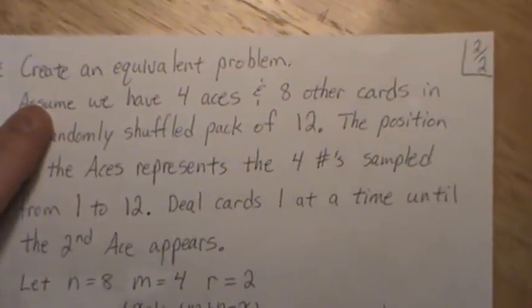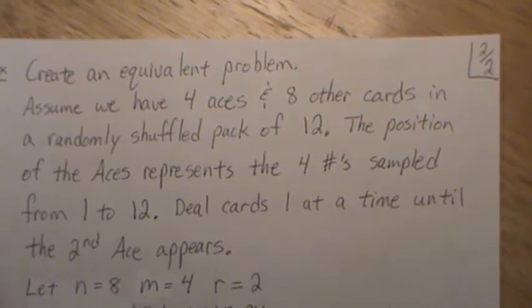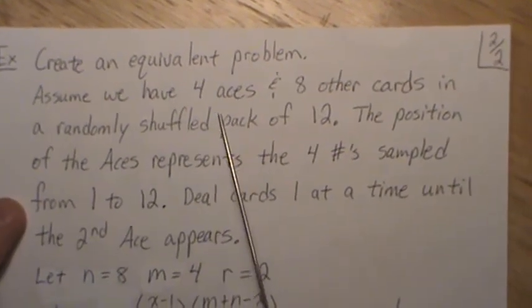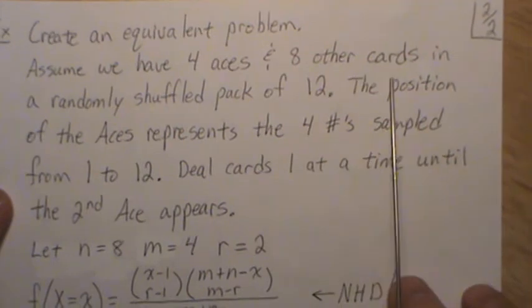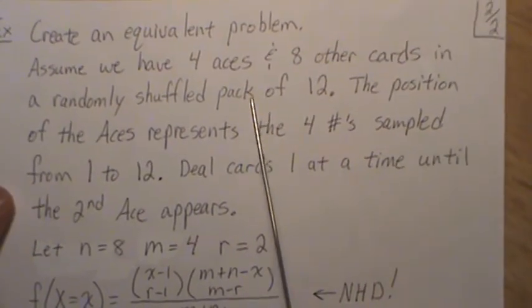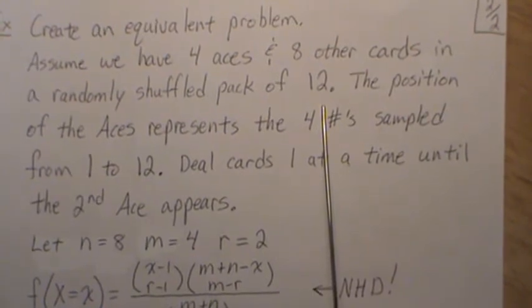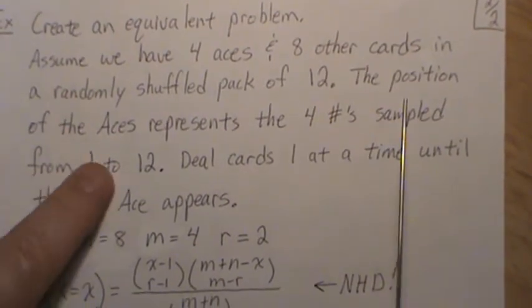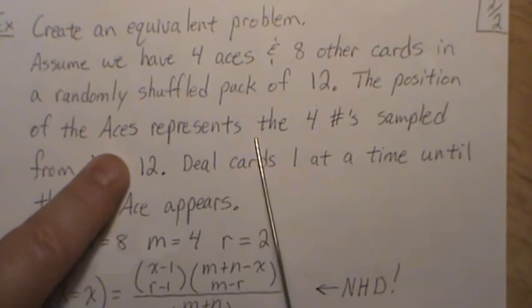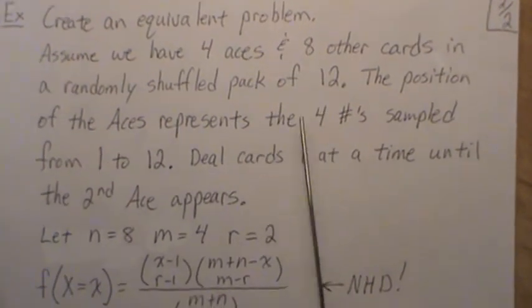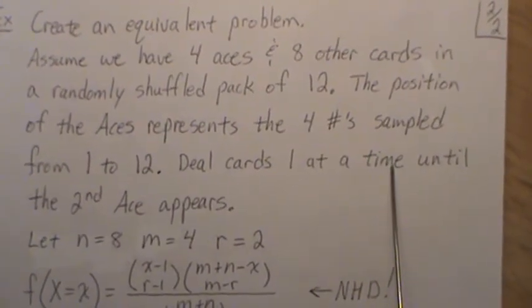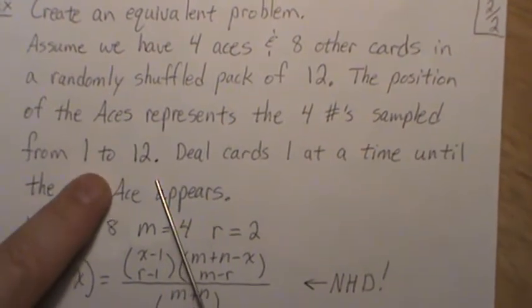Okay, so the trick here is we need to create an equivalent problem. Let's assume we have 4 aces and 8 other cards in a randomly shuffled pack of 12. That represents the 12 numbers. The position of the aces in this randomly shuffled deck represents the 4 numbers that we sampled from 1 to 12.